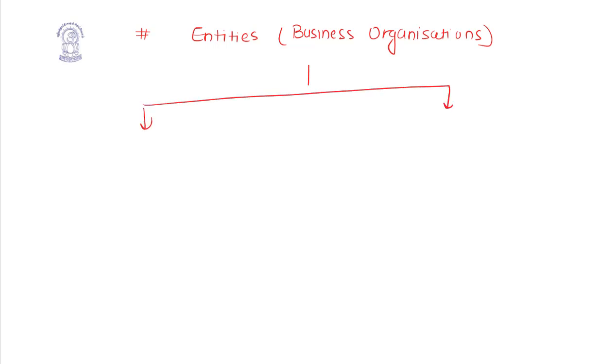Let us take some notes. Entities, that is business organizations, are of two types: trading entities and manufacturing entities.